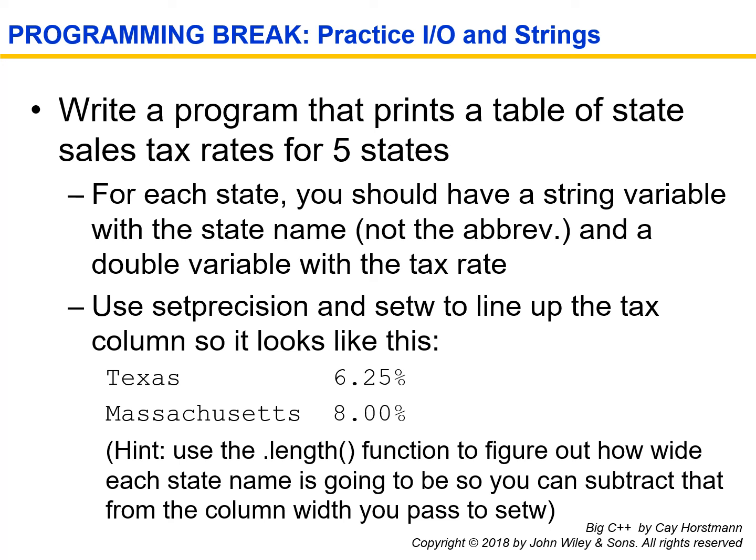So what I would do is have my column be, say, 30 spaces wide, and so I would say setw 30 minus state.length, and then that will subtract the length of the state from the column width, and everything should line up nicely. All right, try that out. Let me know how it goes, and until next time, good luck and happy programming.